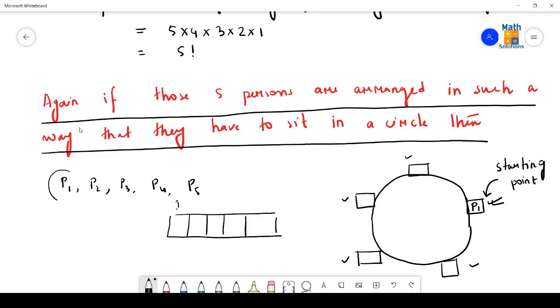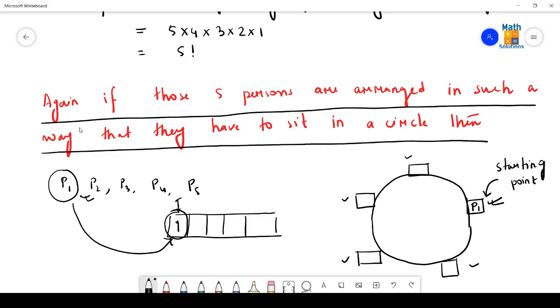So P1 should always be arranged in this first position, yes or no? That means his position is always fixed in this first position. So in how many ways can we make this arrangement? Of course, only in one way, because this seat is fixed only for the first person.